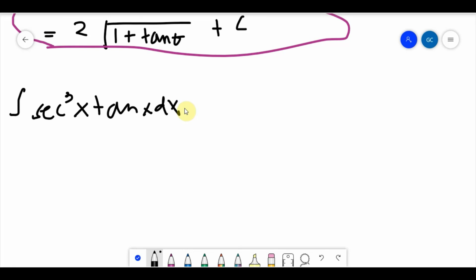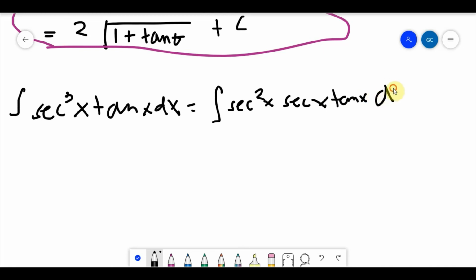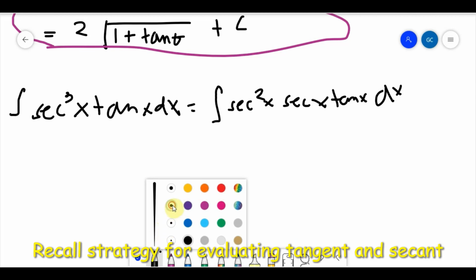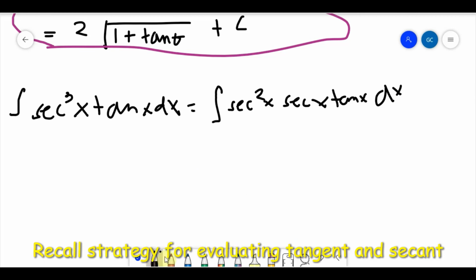Well, the first thing is to rewrite this problem, we need to expand this problem. And if you're having a hard time following this lesson, just review some of your notes from your integral calculus and read your book.